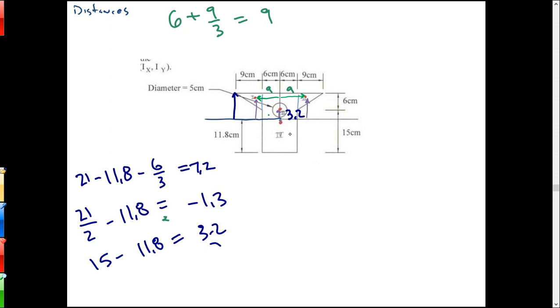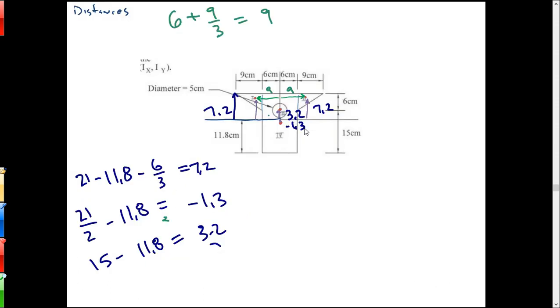So that's 3.2, that's negative 1.3, and these ones on the side are 7.2. So there are my distances. Doing all right? Good. So I got everything lined out, then I can do the table.